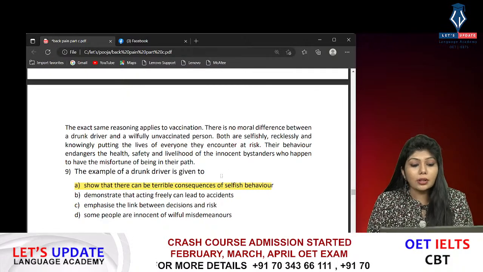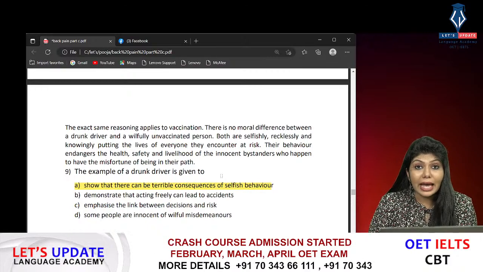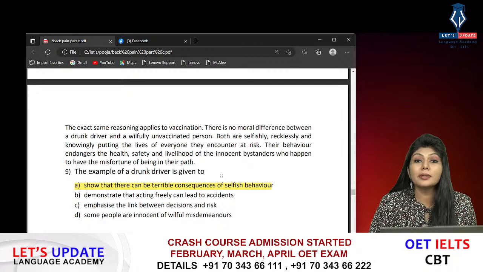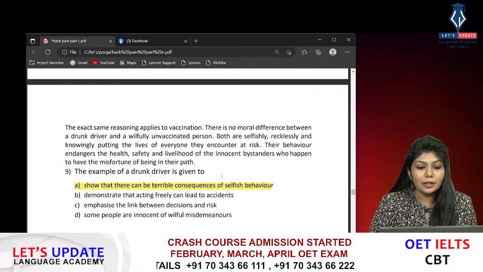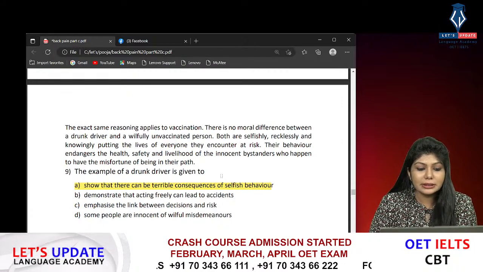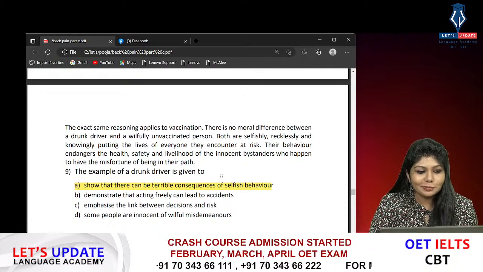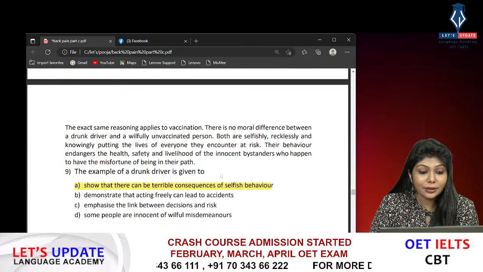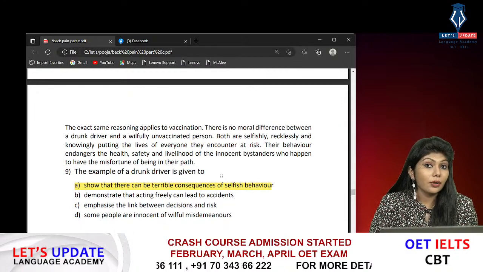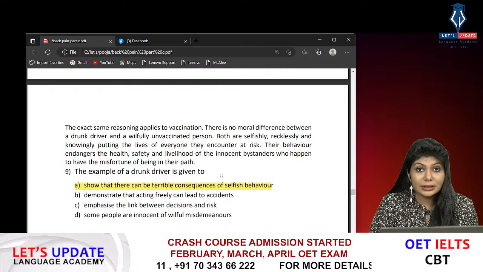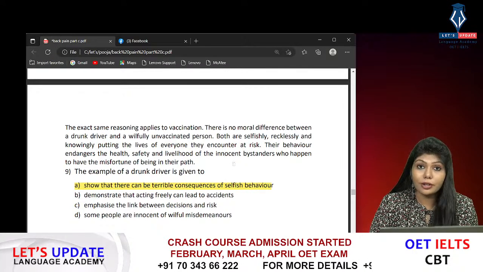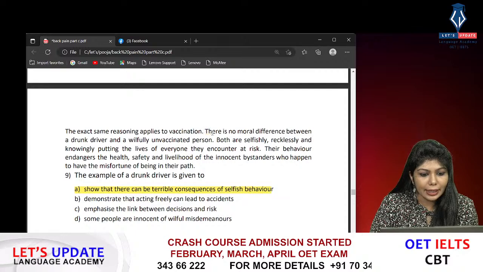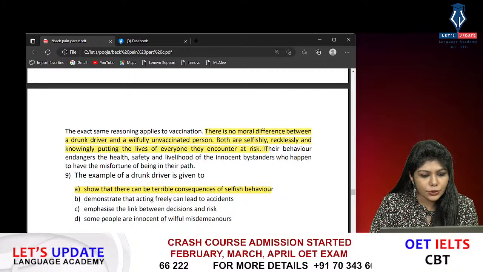So being unvaccinated is as bad as a drunk driver is what they have implied, because that behavior of an unvaccinated person can cause severe or terrible consequences, as they are putting a lot of people at risk. That is why, so I'll just highlight that part, which leads us to this answer.